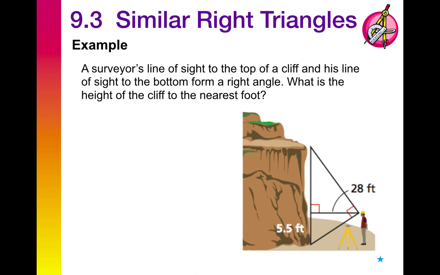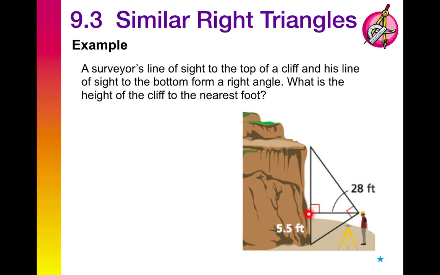The surveyor's line, this is where we use our geometric mean to its fullest potential. If you look at this problem here, we have a surveyor, and from his vantage point, the top of the cliff is up here, and the bottom is down over here. And it creates a right angle here.